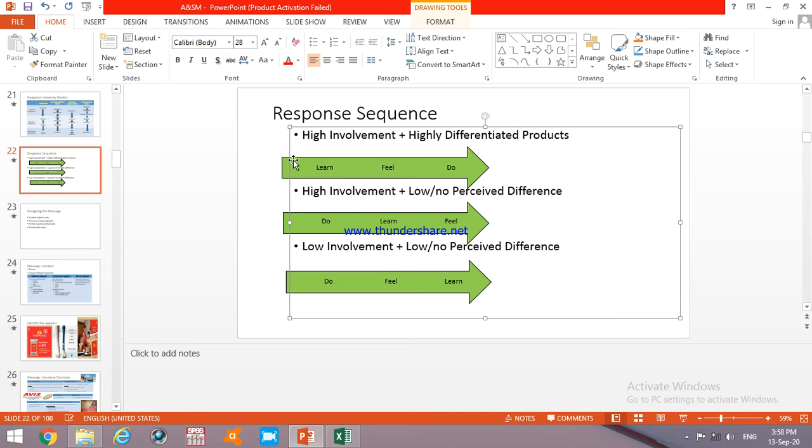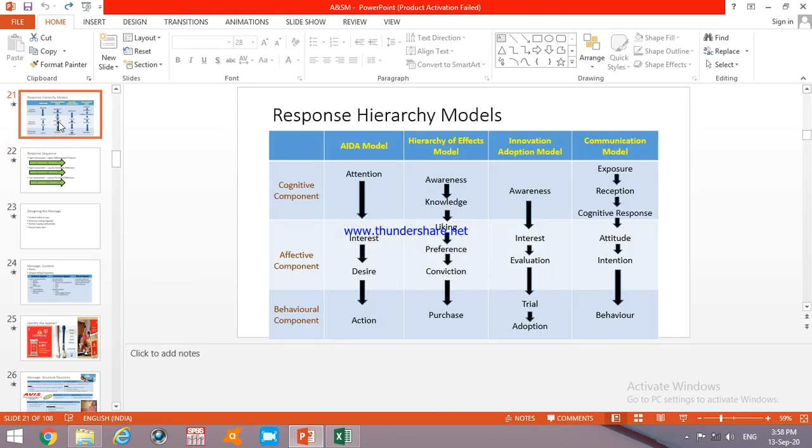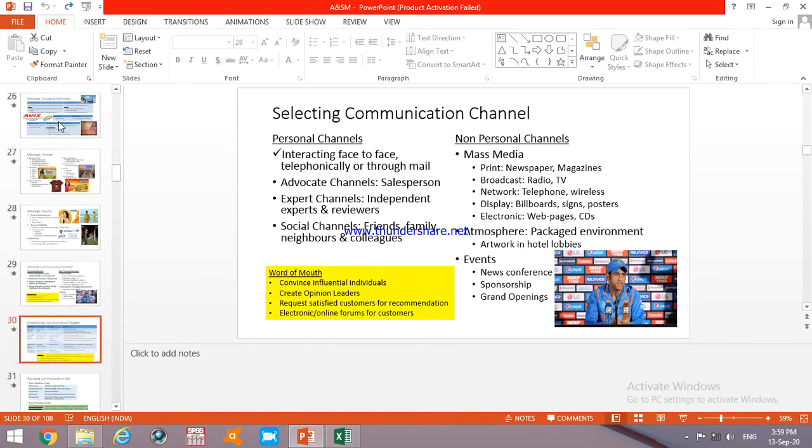So I had told you that these models apply only to high involvement purchases, right? You can refer to that discussion again. So this was where we had initially talked about attitude. Fine.